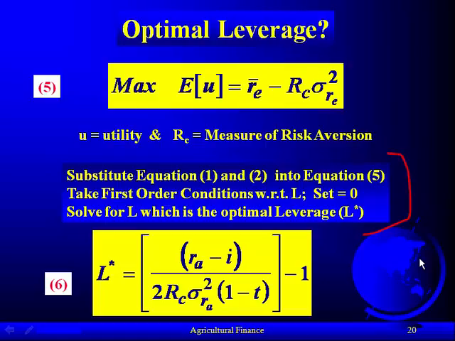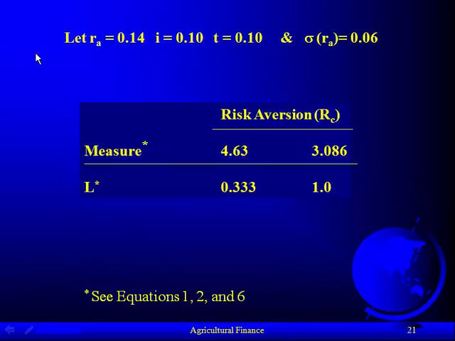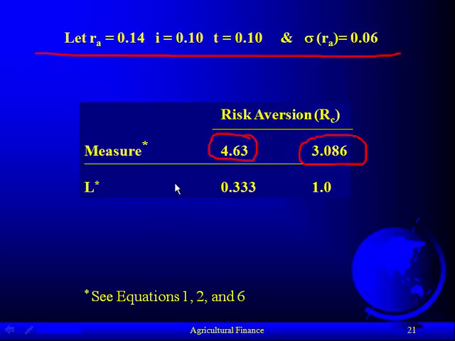If we followed this formula, we would solve for the L, and it would give us this particular formula. This formula that you see at the bottom of the screen gives you a mathematical equation to solve for your optimal leverage. So if we use these same pieces of information that we used before, and we assumed a risk aversion coefficient of 4.63 and another one for comparison of 3.086, and plugged it into that equation on the previous slide, we'd see that the optimal leverage for the first individual is 33%.